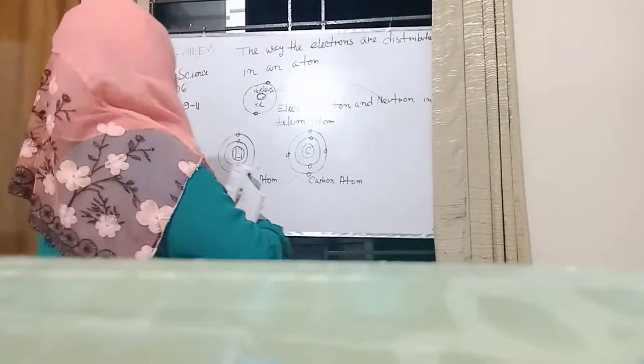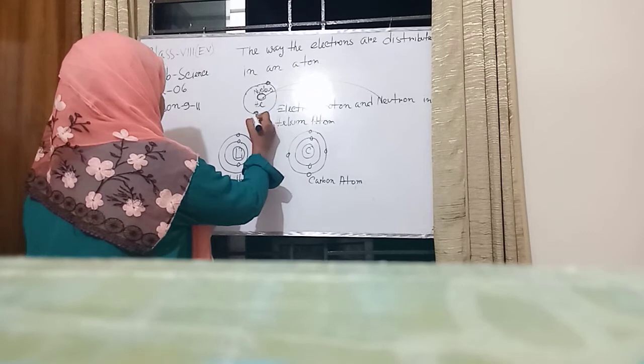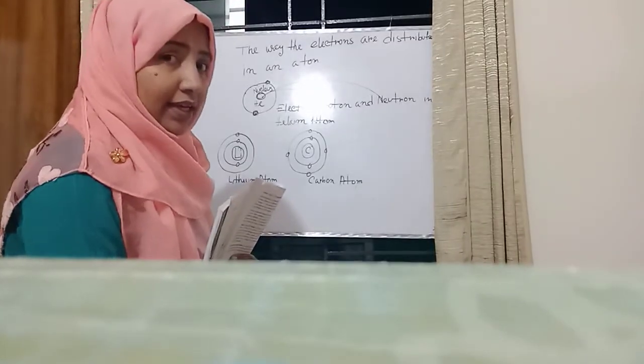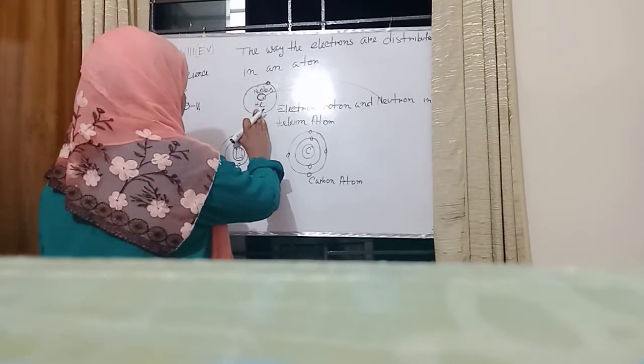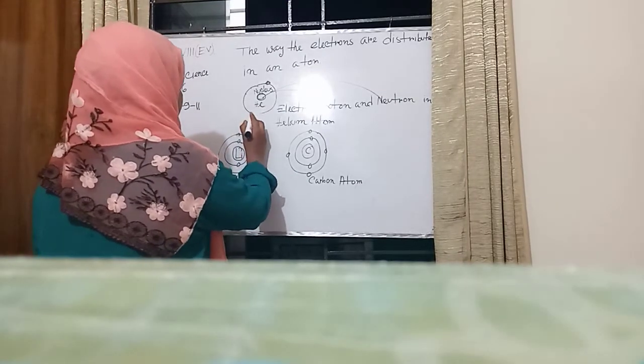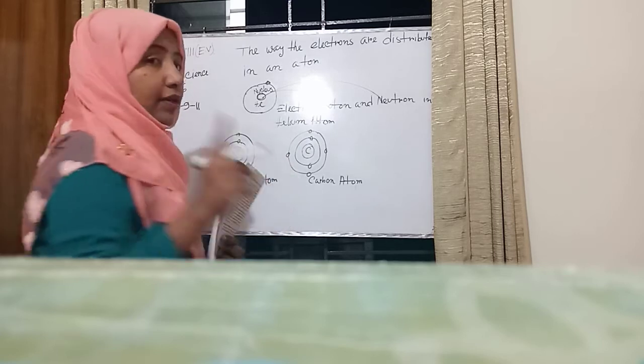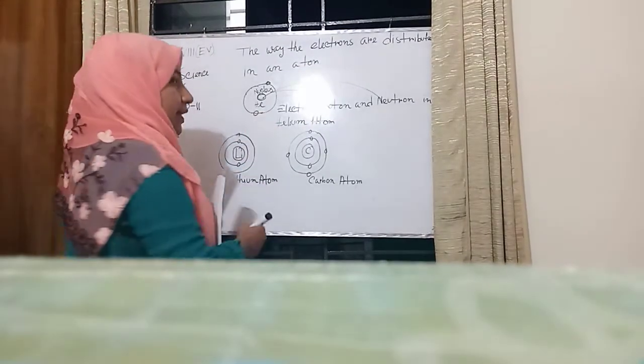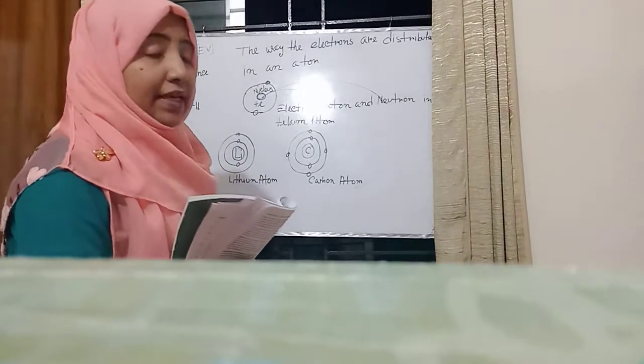Sorry, in this structure, when I draw hydrogen, there is only one electron. When they fill up two electrons, then the name is helium.